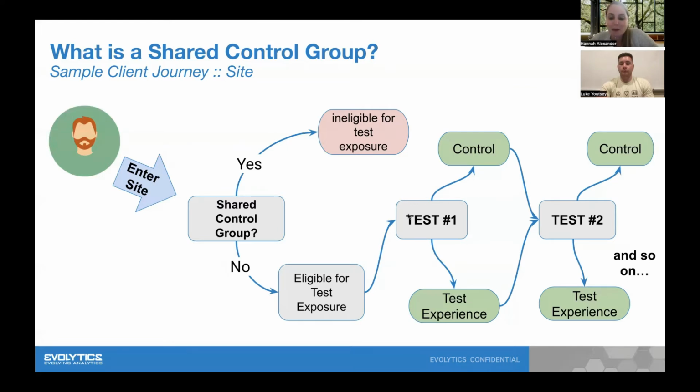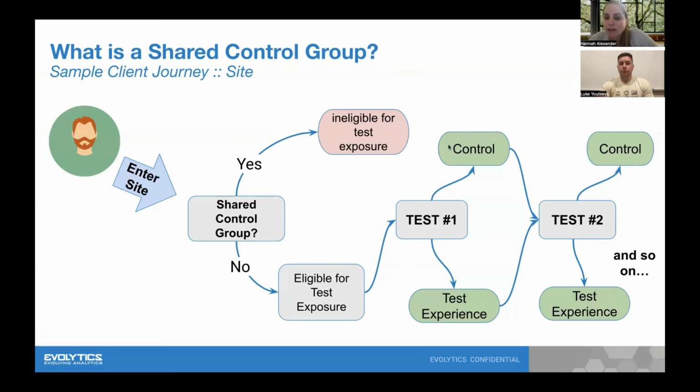Upon being exposed to their first test, say on a product page, they can, as always, enter test or control. If they enter another test, they can again enter test or control. You can see we have the overall shared control group here in red. It acts as if these customers have never been exposed to any of these test experiences.